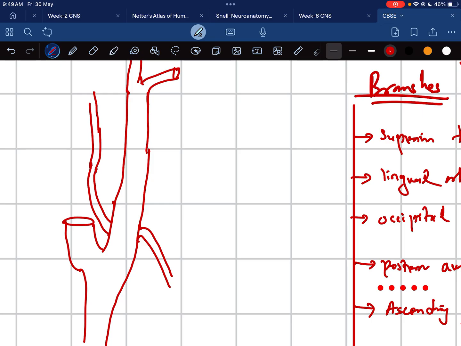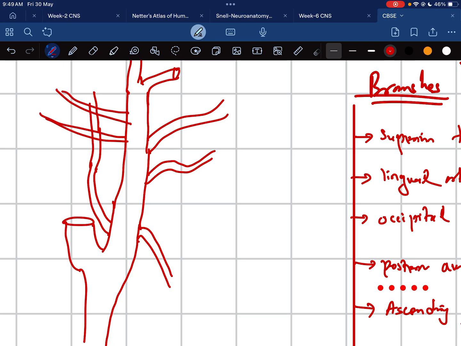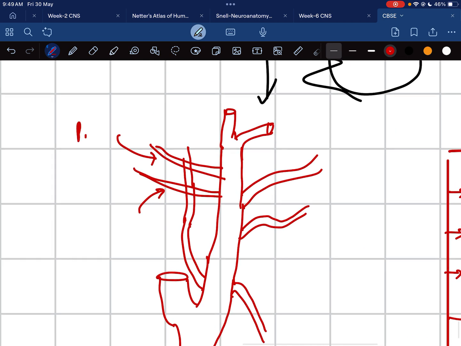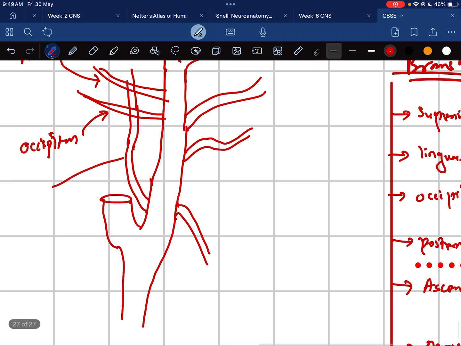After that there are two anterior branches: the lingual artery, and the facial artery. Then there are two posterior branches: this is the occipital artery and this is the posterior auricular artery. This is the ascending pharyngeal artery, and this is the internal carotid artery.